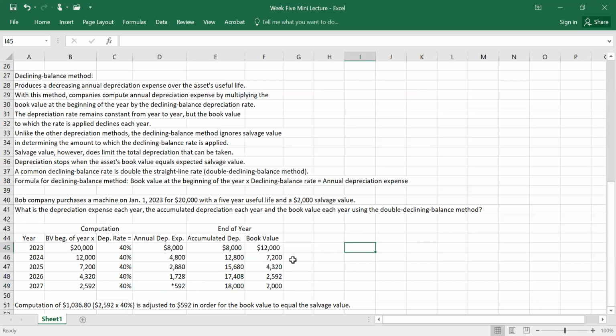However it works best for you, you just have to remember that the last year's depreciation for the double declining balance method could be less or more. In our case, it's less than the actual calculation of that depreciation.